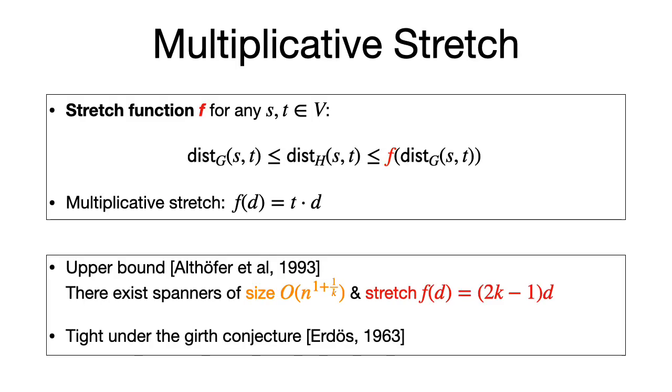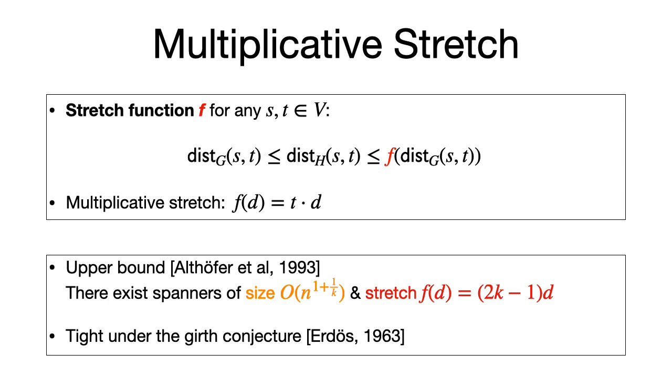Let's first consider the case where the stretch function is large, say linear in the distance. In this case, the parameter t is called the multiplicative stretch of the spanner. An upper bound was first proved by Althöfer et al. in 1993 that for any odd integer stretch, there exists a spanner of size n to the 1 plus 1 over k.